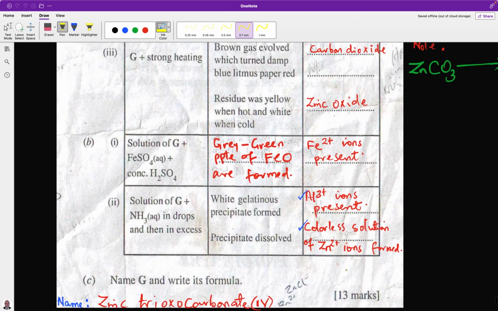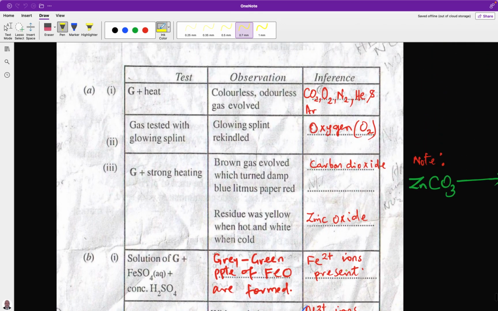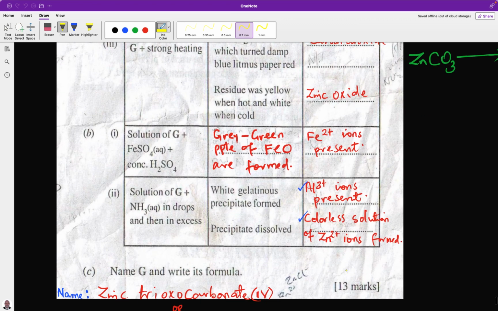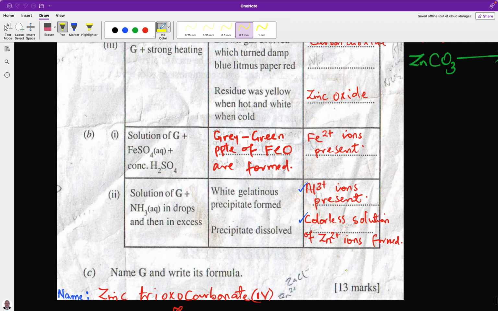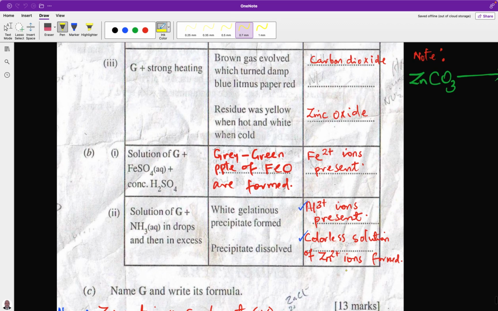Now, from all this, name the compound G and write its formula.